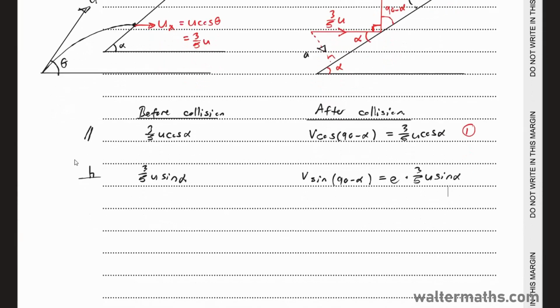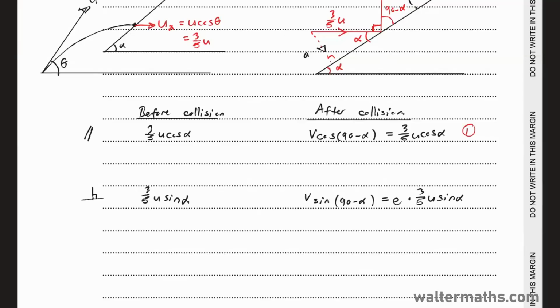Now, cosine of 90 minus alpha is sine alpha, so it's as good as v sine alpha equals 3/5 u cosine alpha. Let's have that as equation 1. And v sine of 90 minus alpha is v cosine alpha, which equals 3/5 E u sine alpha. That's equation 2.